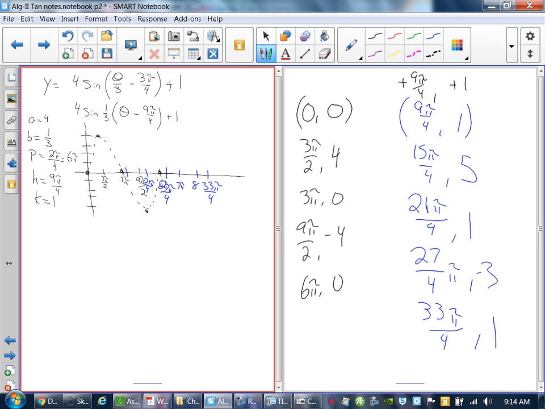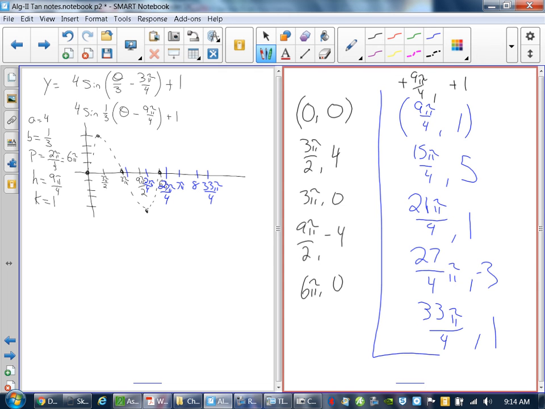All I'm doing is kind of fudging it. This is the important stuff because you have it listed. Approximations in here, especially with the weird ones. So here's your 15 over 4. And the last one is going to be lined up in here somewhere, so we'll be at 9 pi over 4.